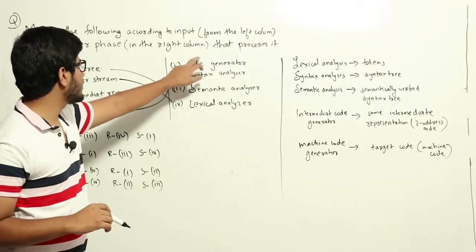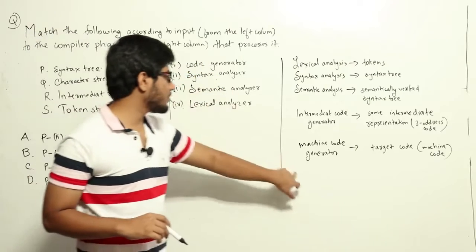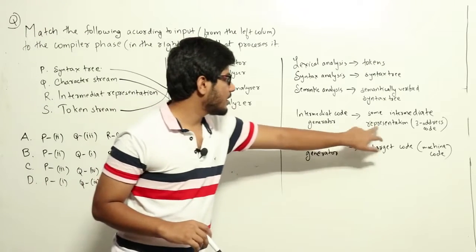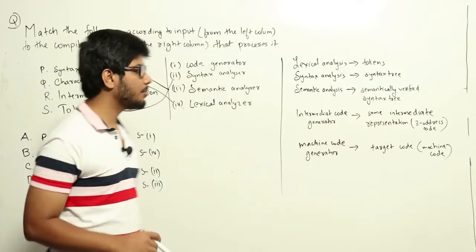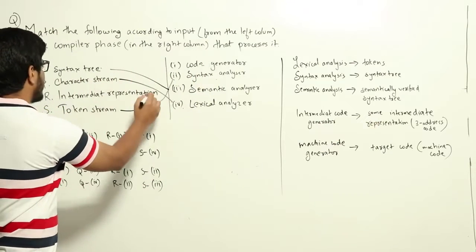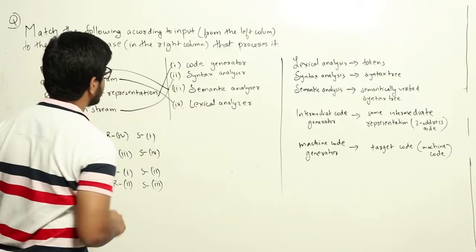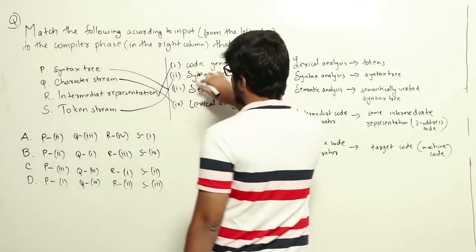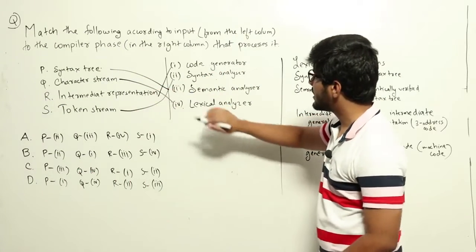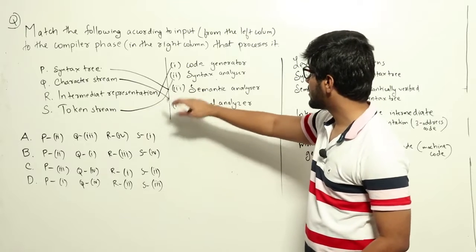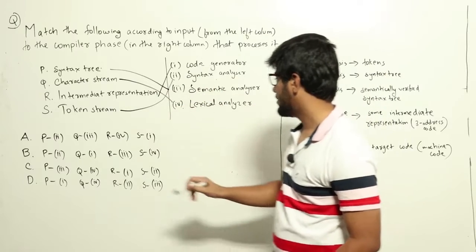And then the final is the code generator, that is the machine code generator. The input to that is the intermediate representation. So that is given here. If you look at the options, for P it is 3, Q it is 4, R is 1, S is 2.